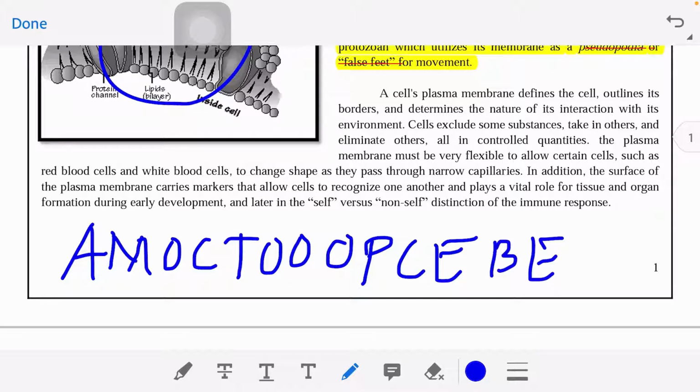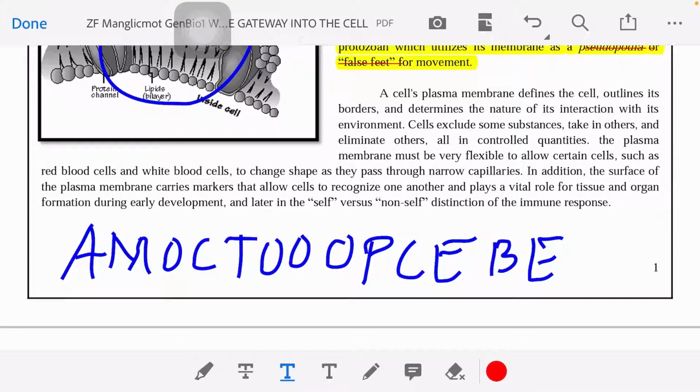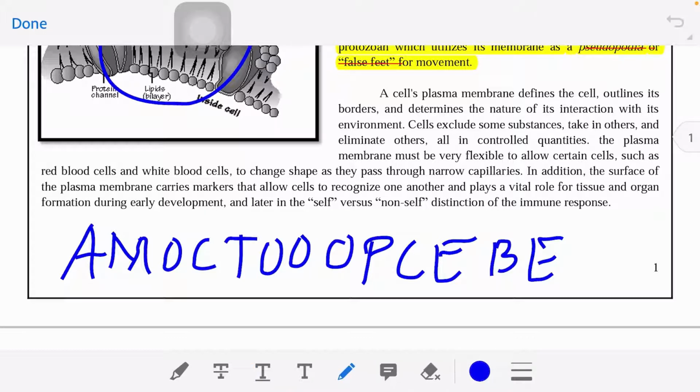So we have A, atom, M, molecules, O, organelles, C, cells, T, tissues. Then we have organs, organ system, organism, population, community, ecosystem, biosphere, and earth. So that is the so-called hierarchy of life, just to inform you.